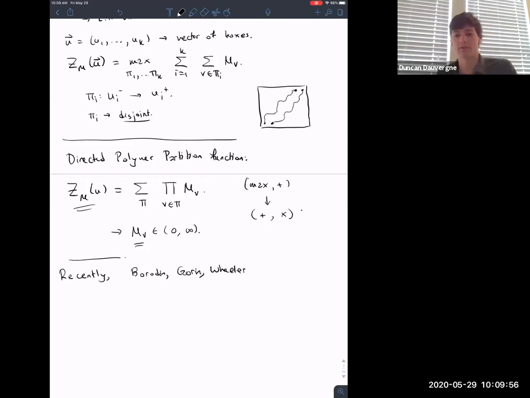And they found a surprising hidden invariance, or hidden shift in variance structure, for another integrable model called the colored stochastic 6-vertex model.